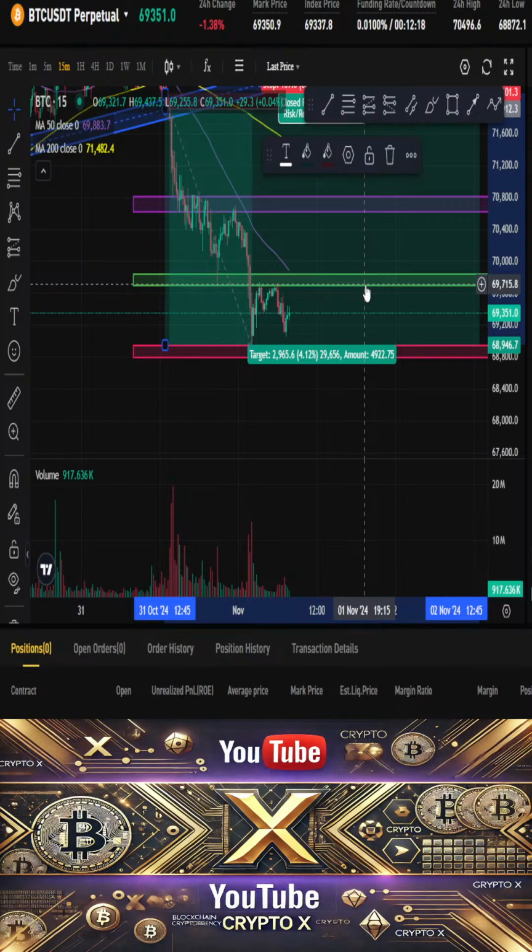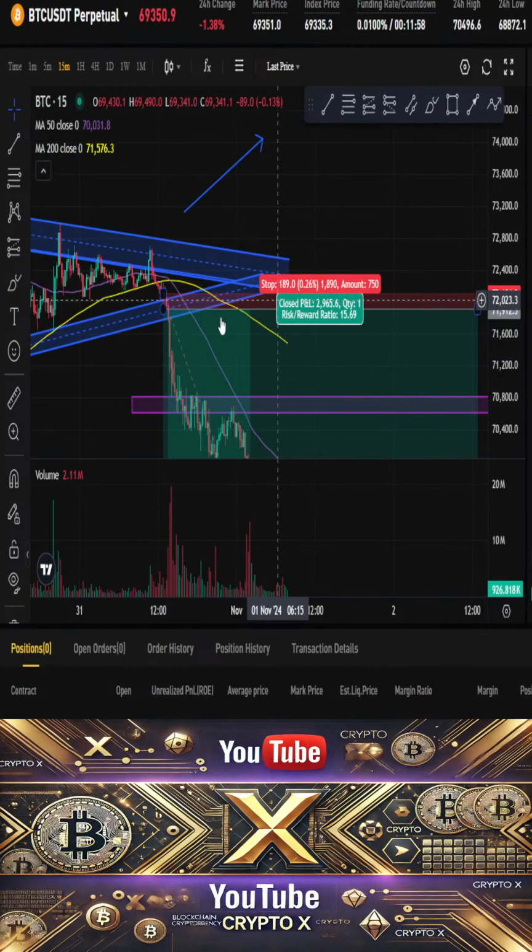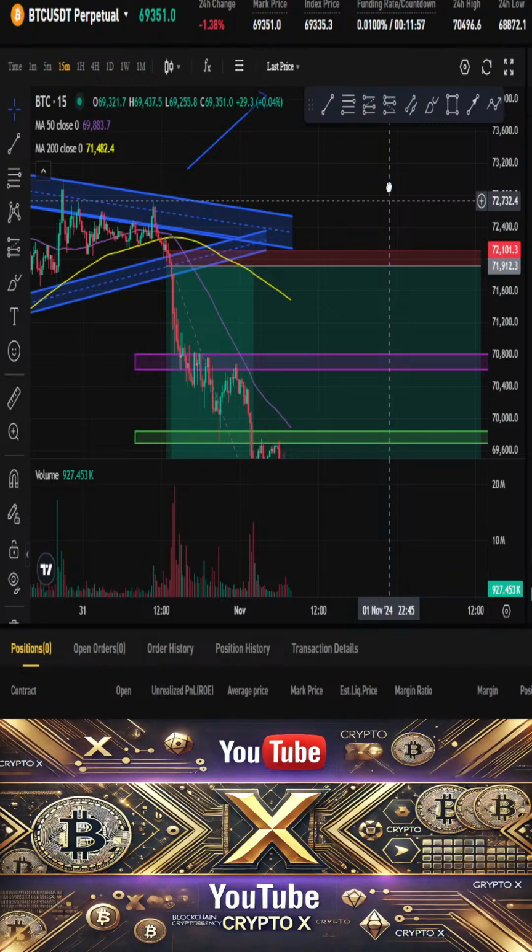If you want to be a good trader, you have to learn 4 to 5 points: how to trade, and how you are trailing your SL. It's not that when you reach this point you just say, oh, my SL will be here. How, bro?